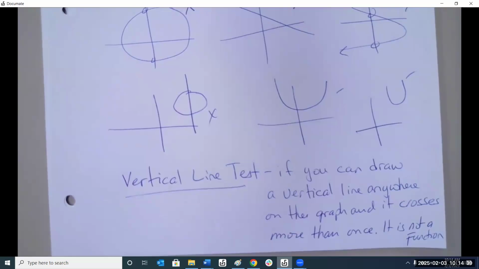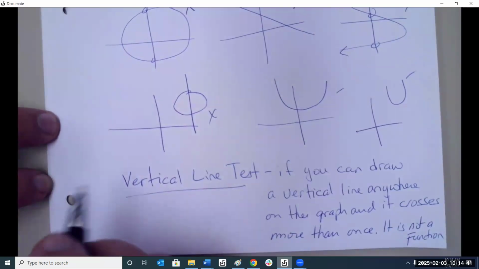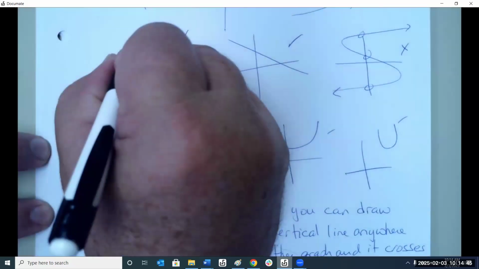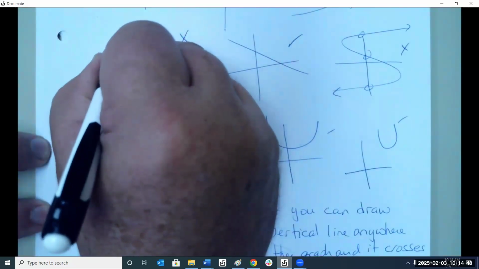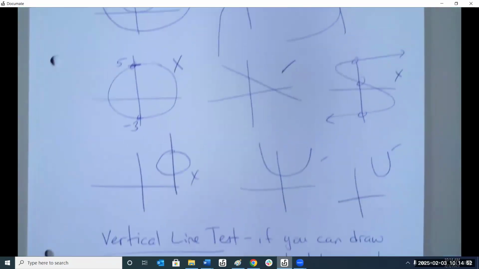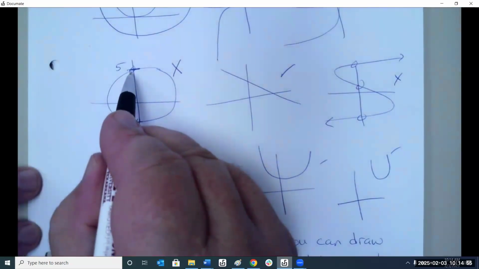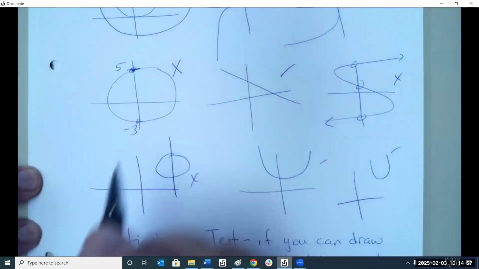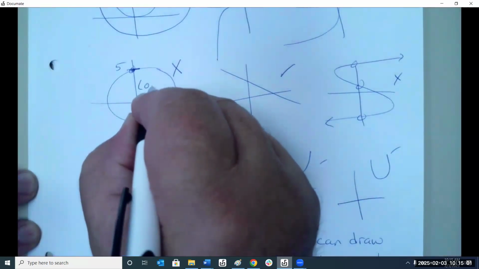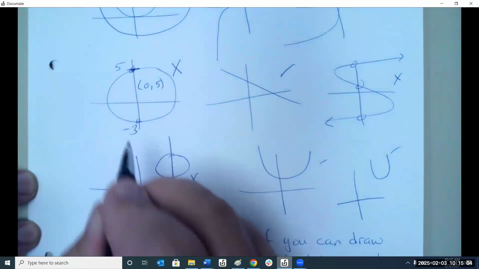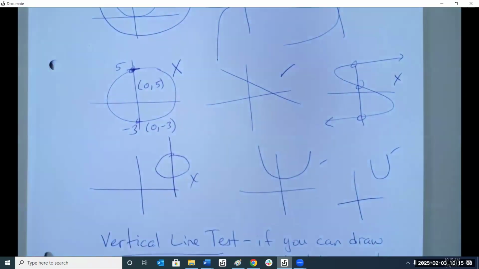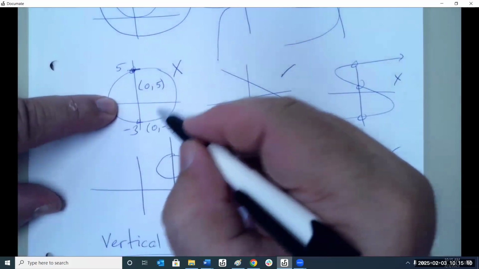Think about it. On this graph, if let's say this was 5 and this was -3, what's the location of this point here? 0, 5. What's the location of this point here? X's are the same, Y's are different.